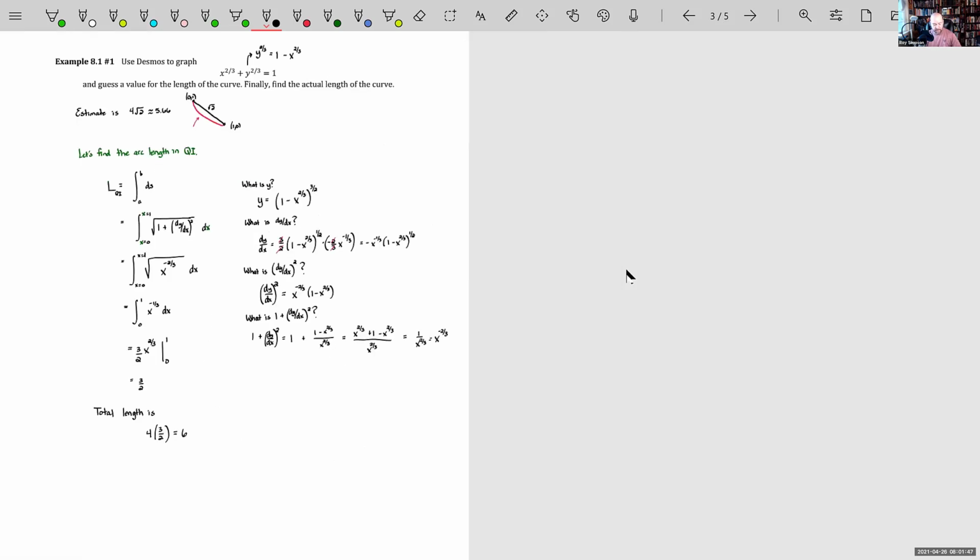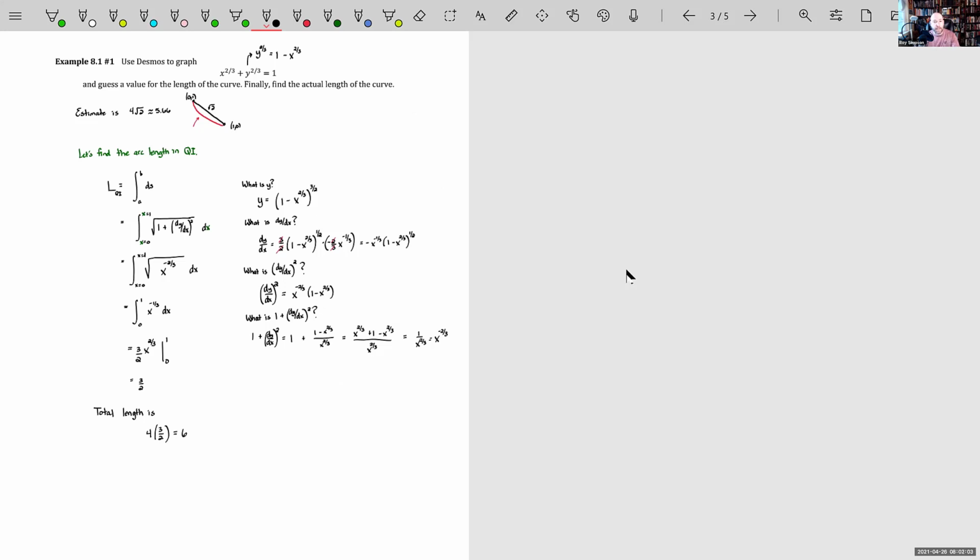So that is a really good clean. It's one of the rare clean examples you will get with arc lengths. It's clean because things canceled out when you were working with the radical. But that is a full arc length example.